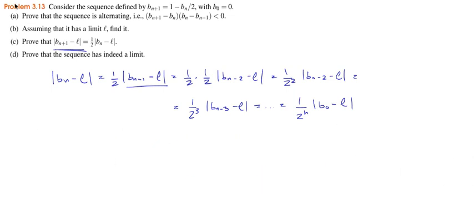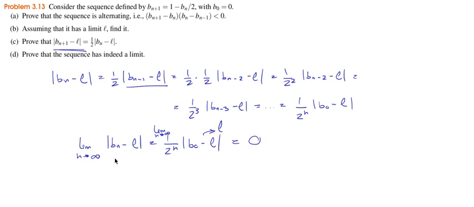So we have this expression. The absolute value of b sub n minus L is 1 over 2 to the n times the absolute value of b sub 0 minus L. If we take limits on both sides, the limit here, when n goes to infinity, is b sub 0 minus L. b sub 0 is 0, so this is just L. But then times the limit when n goes to infinity of 1 over 2 to the n, which is 0.